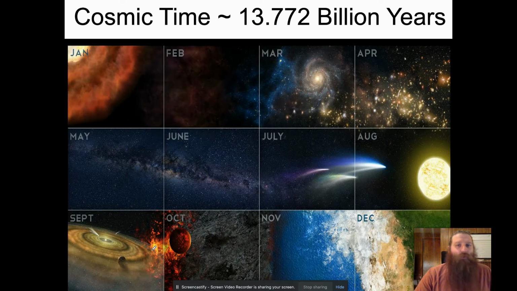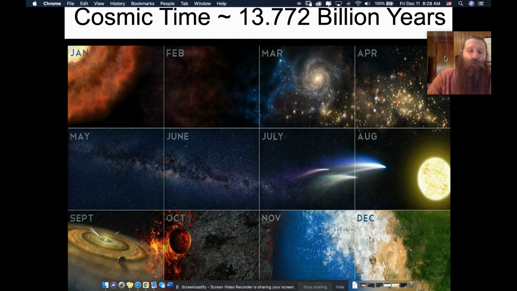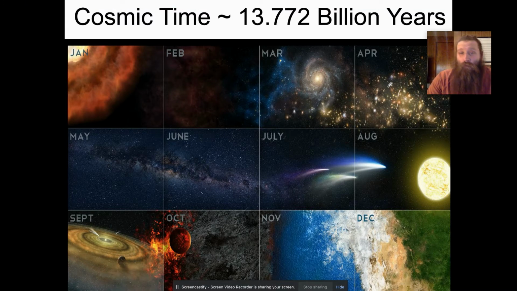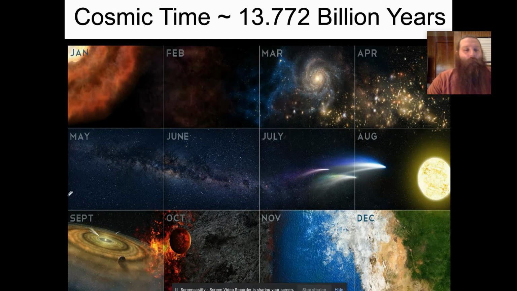Now, something to think about when it comes to the history of the universe. Before we talk about the history of the Earth, we'll talk about the history of the universe. The universe has been around for a long time, somewhere around 13.7 billion years, maybe a little more. Billions and billions of years is hard for us to wrap our minds around, so this can help you with that.